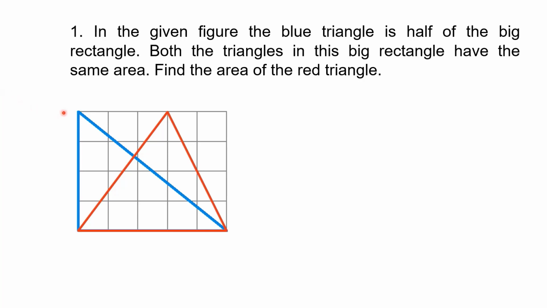Now, look at this picture. This is a big rectangle. In this, we have a blue triangle and a red triangle. Here we have to find out the area of the rectangle. First of all, let us find out the area of the big rectangle by counting the squares.